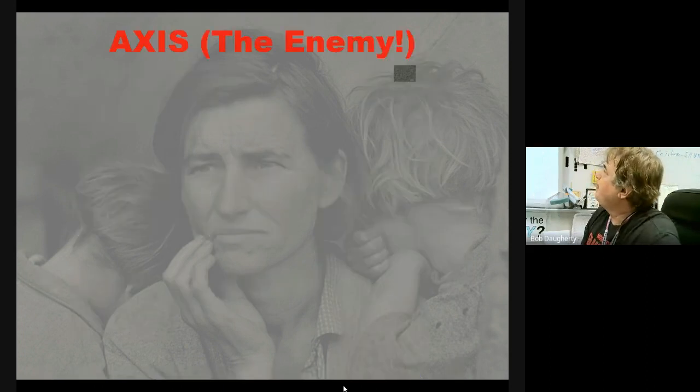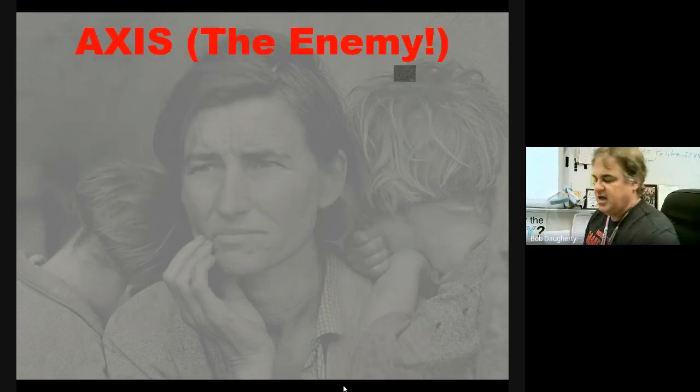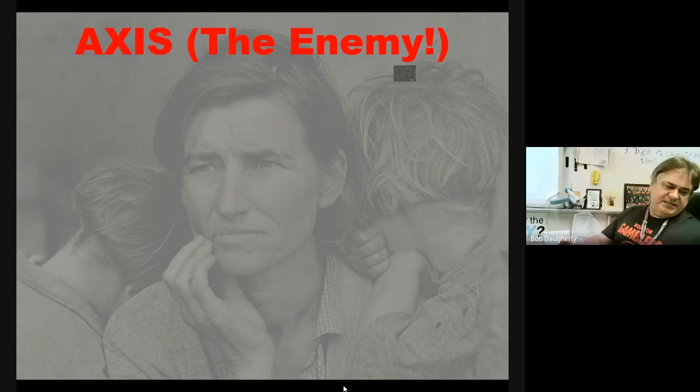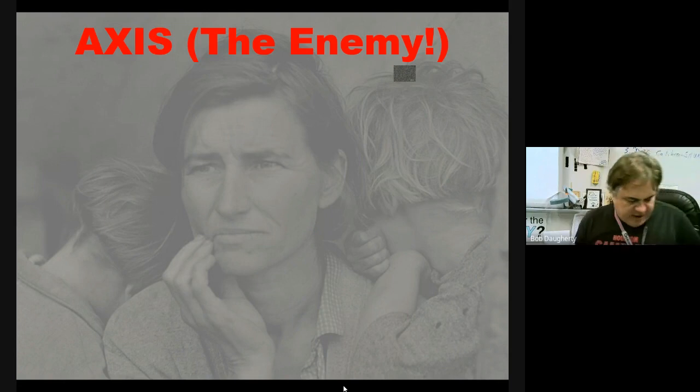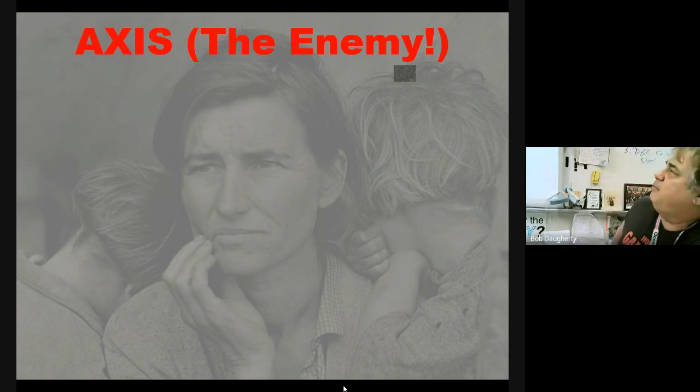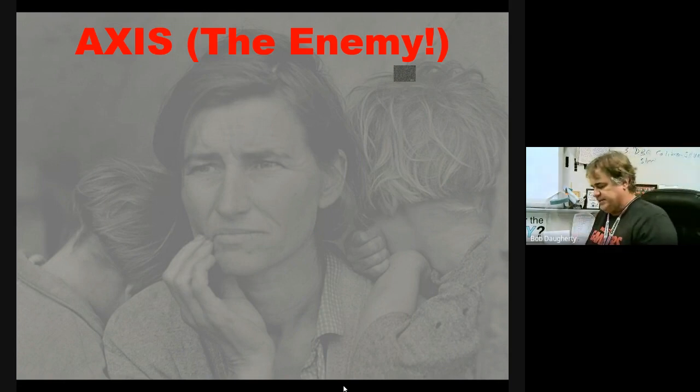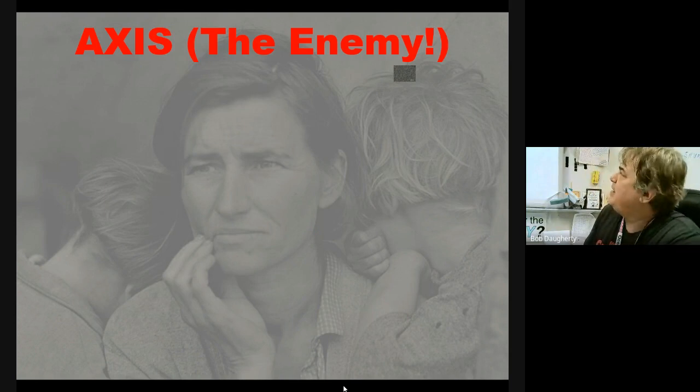Looks like it isn't. All right, the Axis. Unlike in World War I, when our enemy was called the Central Powers, in World War II, our enemy is called the Axis. And by the way, this is a term later that President Bush, the second President Bush, the sequel, will use to talk about Iran and North Korea and who was his other one?